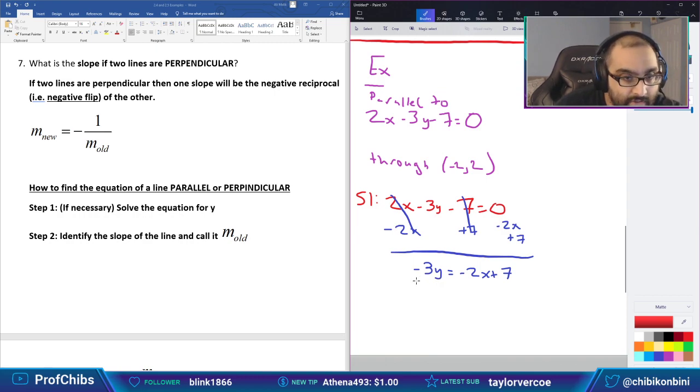Not just 3y, minus 3y. So again, be careful about signs. You need to be on the lookout for that because signs can easily change in this problem.